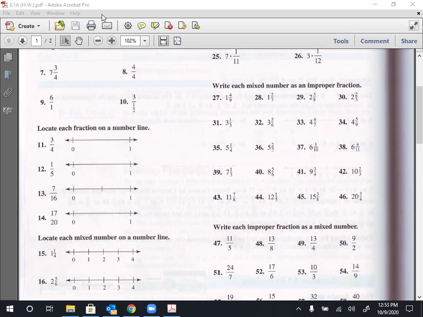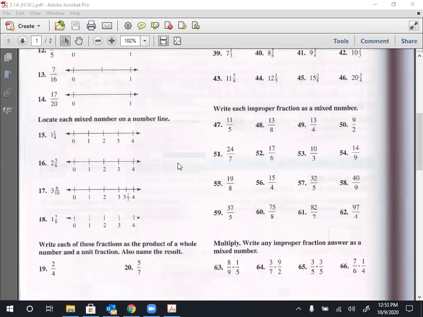Now the next part of this, can you scroll up, Louise? Yeah. 15 to 18. Locate each mixed number on the number line. So let me do number 15. 15 says 2 and 5/6. Now, you're going to have to estimate this. You're not going to be able to do this perfectly, but you reproduce the numbers.